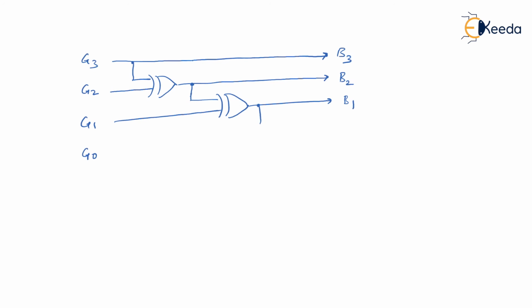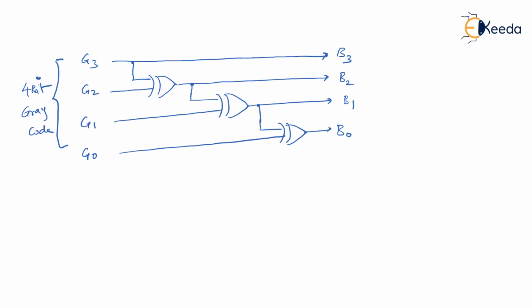Again we take the latest result, we XOR with G0 and the result is what? B0. That's it. So what was the input? It was a 4-bit gray code. And the output, as you can see clearly, is a 4-bit binary code.